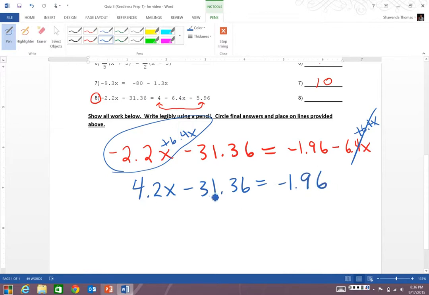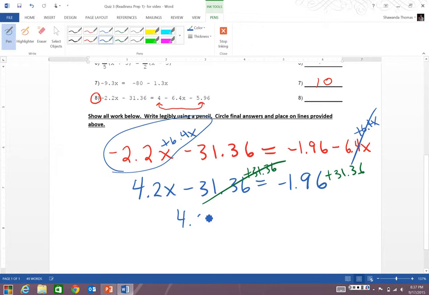Then we need to get that 31.36, move it to the right side with the other number. So we need to add 31.36 to both sides. Of course that cancels, but in your calculator you need to put negative 1.96 plus 31.36.